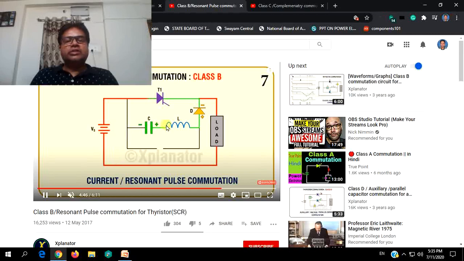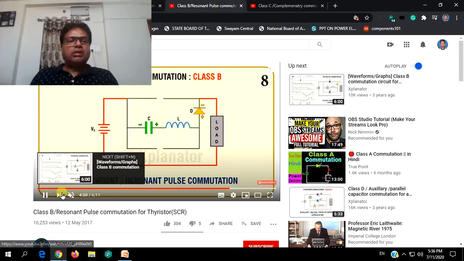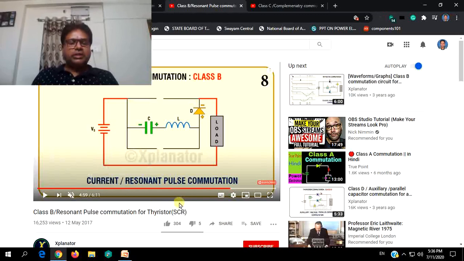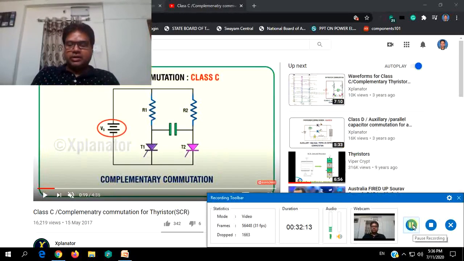Because of this capacitor, a reverse current flows into the main SCR via this forward biased diode. So the main SCR will be turned off.